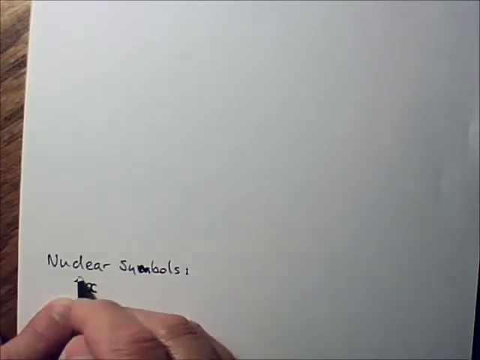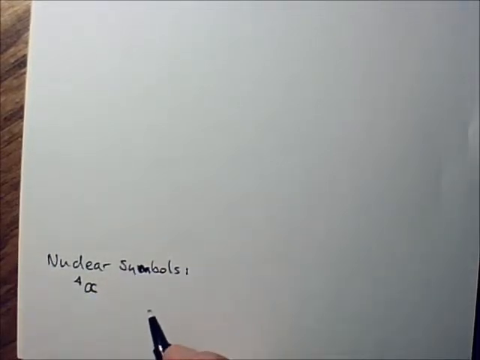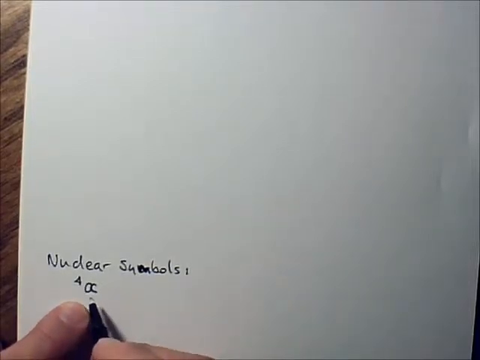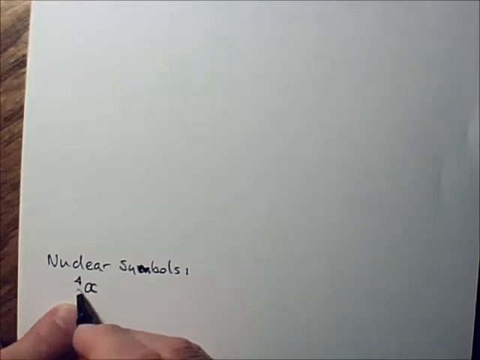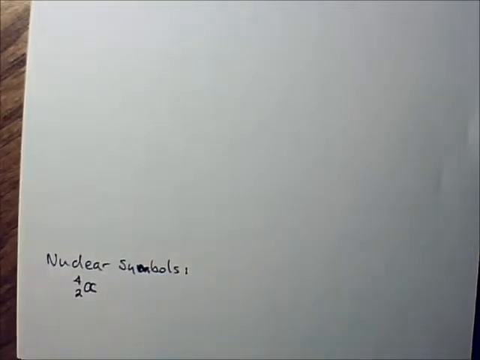So I put 4 right here because the alpha particle has an atomic mass of 4 AMUs, or atomic mass units. A nuclear symbol also has the number of protons. How many protons in an alpha particle? 2. And that goes lower left. So that's our nuclear symbol for an alpha particle.